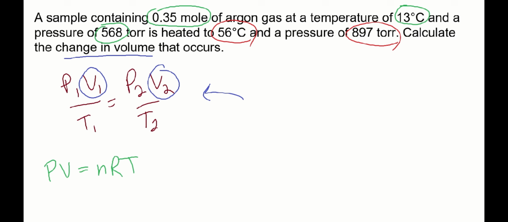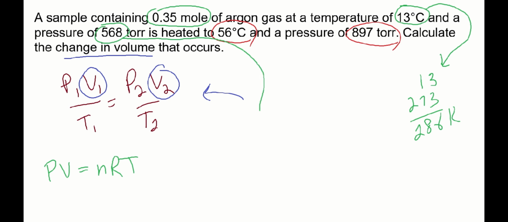Let's take care of some of these conversions before we start. Let's turn Celsius into Kelvin by adding 273. So 13 degrees Celsius plus 273 is 286 Kelvin. So that's going to be our initial temperature. Now let's convert 568 torr into atmospheres. Recall the conversion factor is 760 torr is equal to 1 atmosphere.